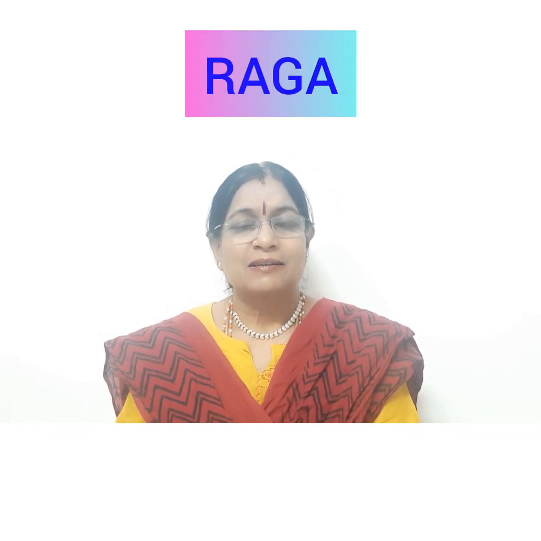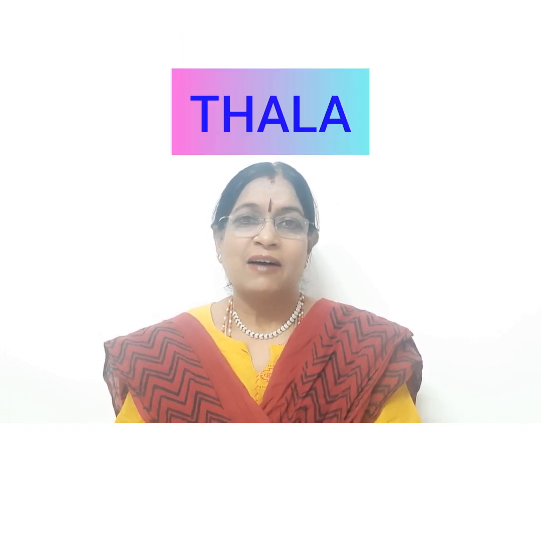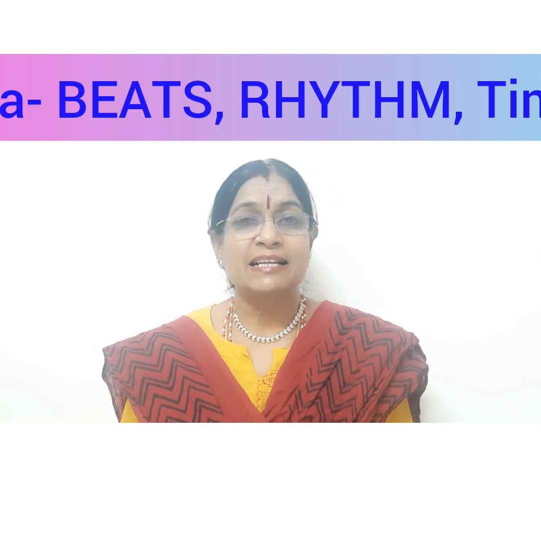The first thing is that Raga, Thala, Bhava, these are the basic components of a Carnatic music concert. So what is Thala? Thala is the beats. It is the rhythm. They say Thala is there in every aspect of life, because everything follows some sort of rhythmic progression.